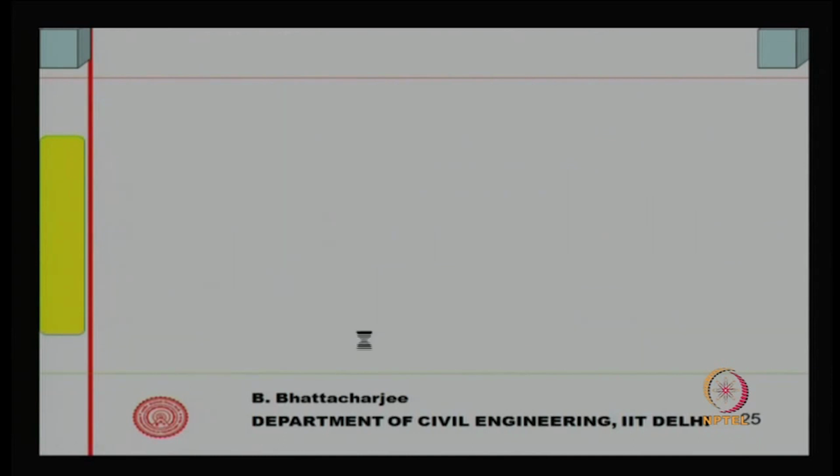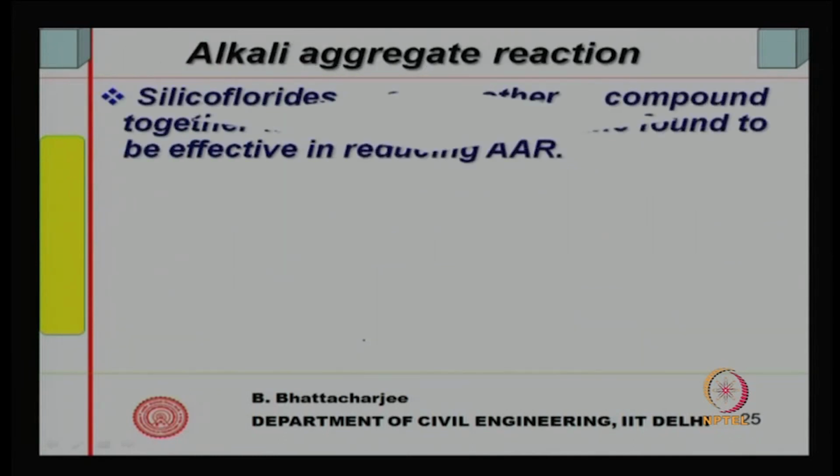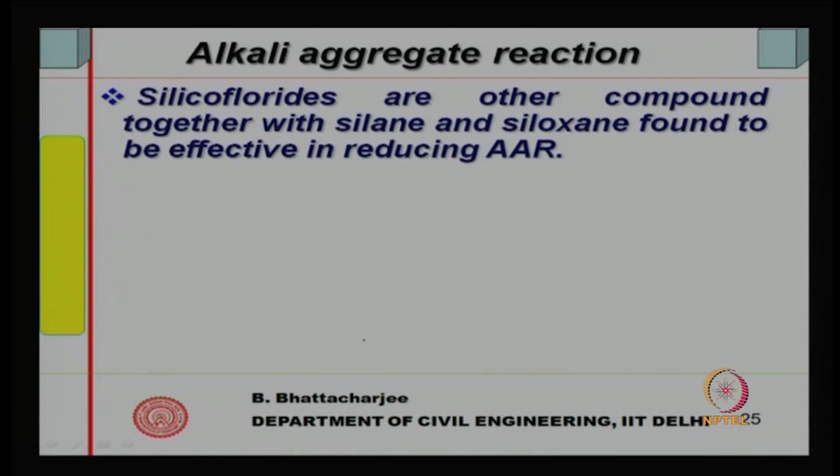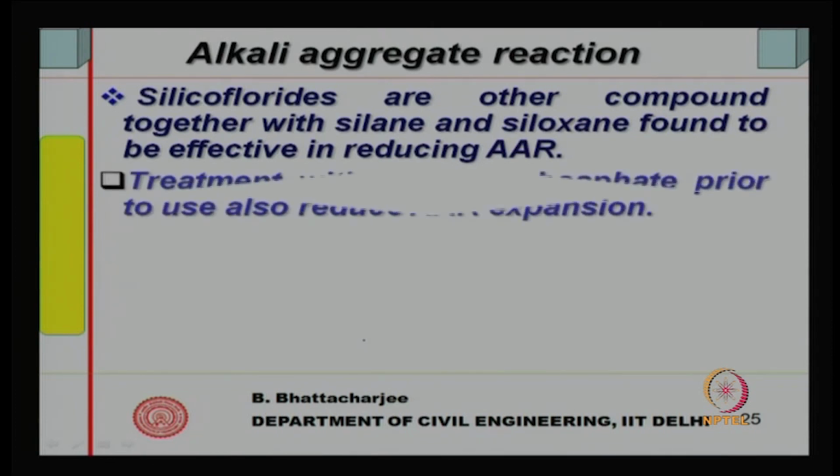So, silane and siloxane materials, together with silicofluorides, are found to be effective in reducing alkali aggregate reaction. In fact, silane and siloxanes are used in water repelling systems as well, waterproofing systems as well. We might look into this sometime in connection with surface coating and durability of concrete. But silicofluorides together with silanes and siloxane also are found to be effective in reducing alkali aggregate reaction.